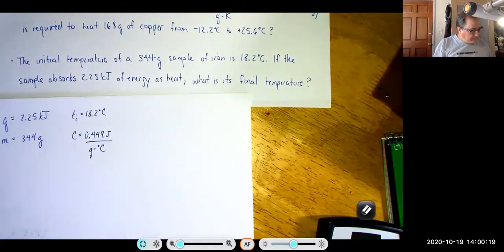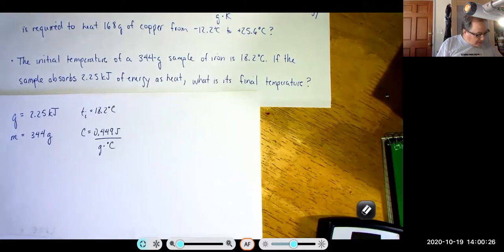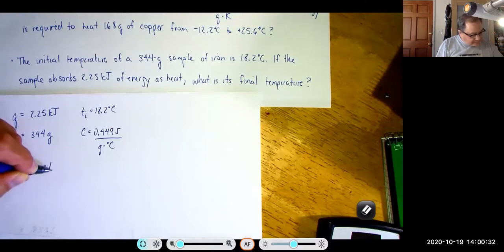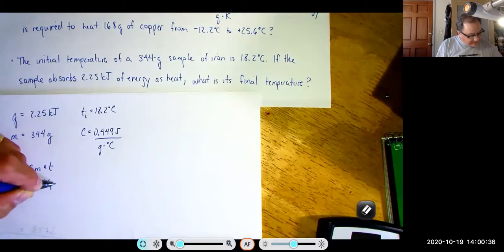Okay, so in this case, let's try and figure out the formula we want to use. So I have Q is equal to Cm delta T, which is Cm times T final minus T initial.